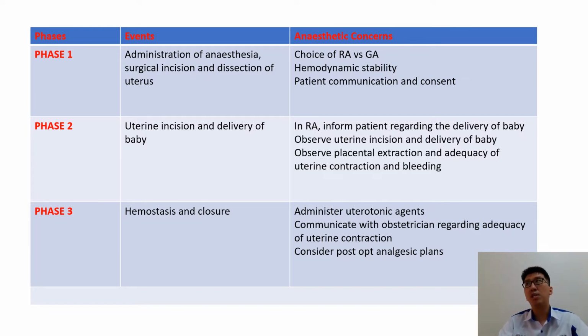Sometimes the administration of inhaled anesthetic agent like sevoflurane will cause the uterus not to be able to contract properly, and therefore bleeding will occur. And at this phase 3, we must also plan for postoperative analgesia, whether you want to give it orally or intravenously, for the mother's comfort.